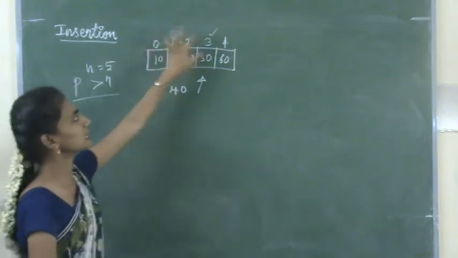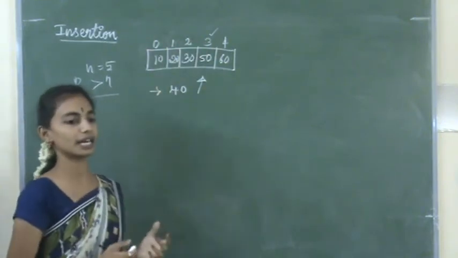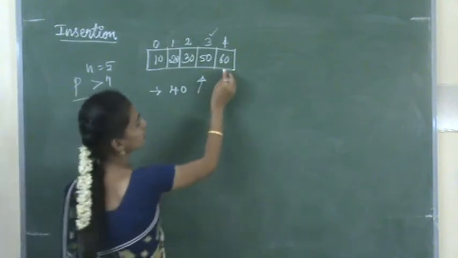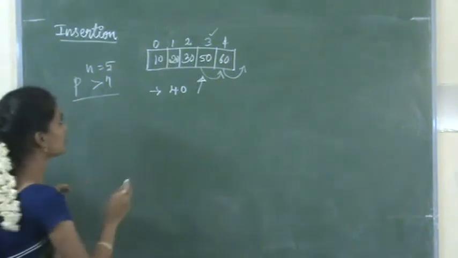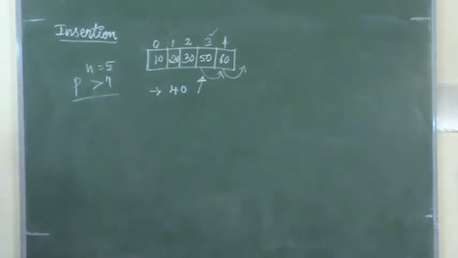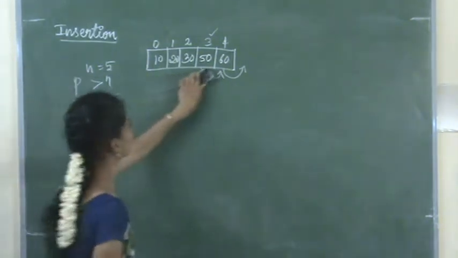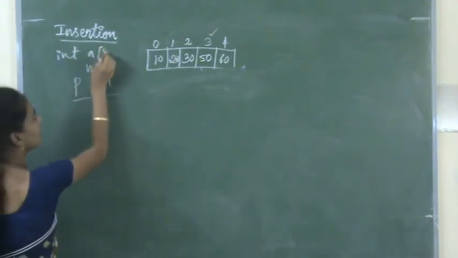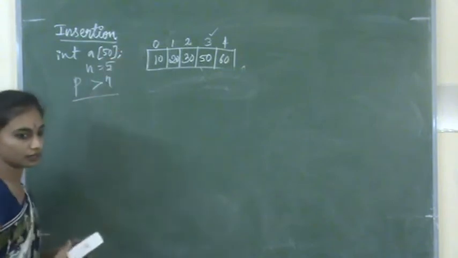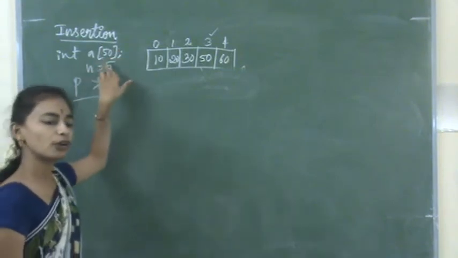So if we want to insert an element into an array, what we are doing is shifting these values to other positions. Okay. Suppose I declared an array int a of 50. What does it mean?